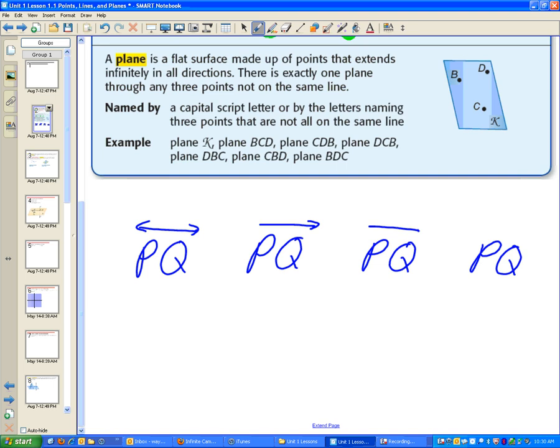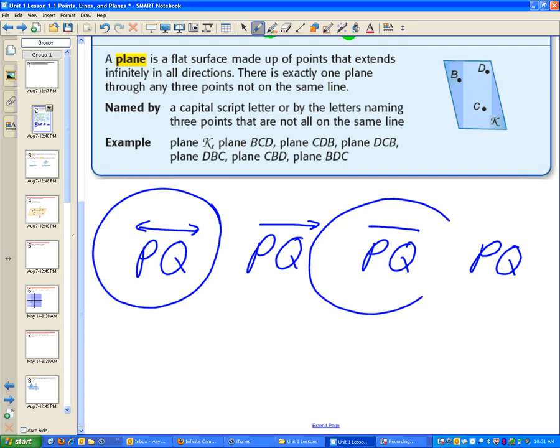So I'm a little looser on this when we're talking to each other. But when you write it, you must use the correct notation. If there's a quiz problem, and the answer to the quiz problem is line PQ, and you write segment PQ, I will count it wrong. You know why I'll count it wrong? Because it's wrong. You with me?